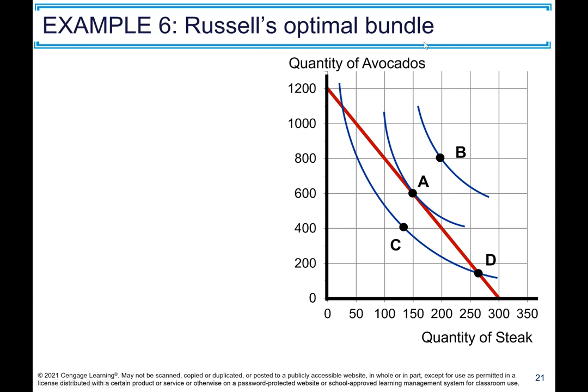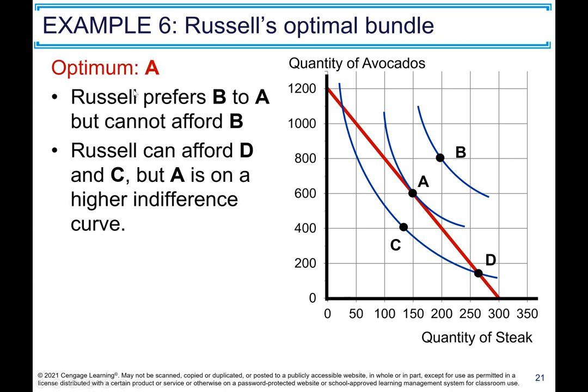Russell's optimum bundle is at point A, where the indifference curve is just tangent to the budget constraint. At optimum A, Russell prefers B to A, but cannot afford it because B is above his budget constraint.